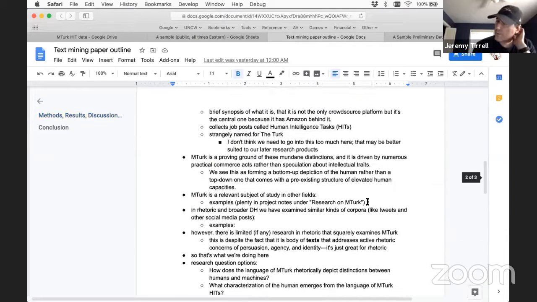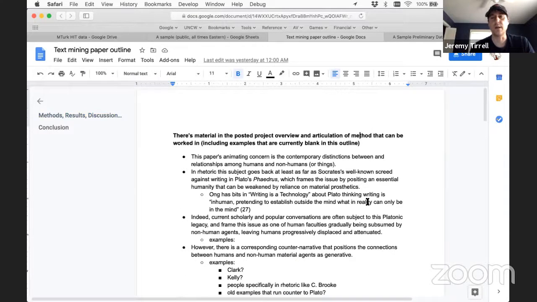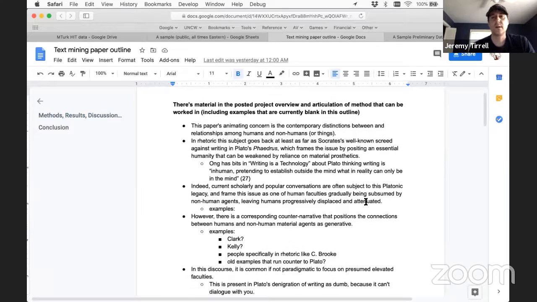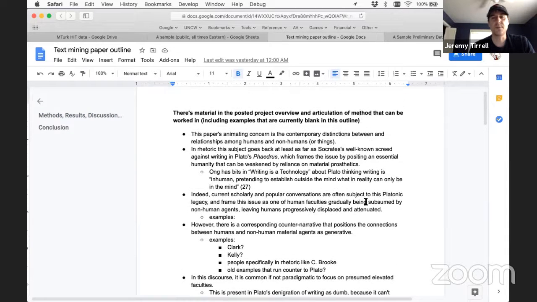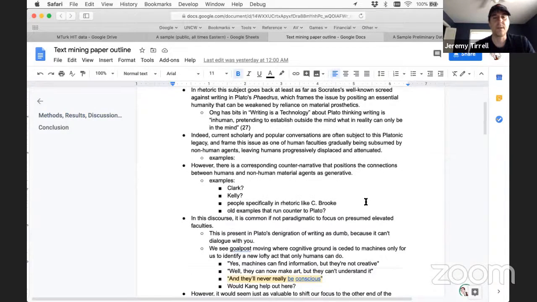Okay, so the gist of what we were doing, this is just an outline of the current research product, which is focused on text mining.